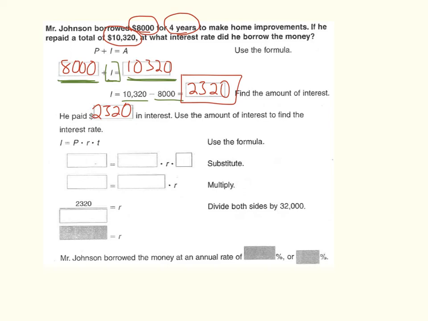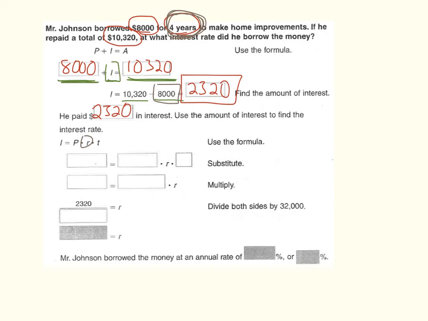So now we know the principal amount he paid was $8,000. We're looking for the rate, but we know the time was 4 years. So we can plug in everything except for the rate into our formula.